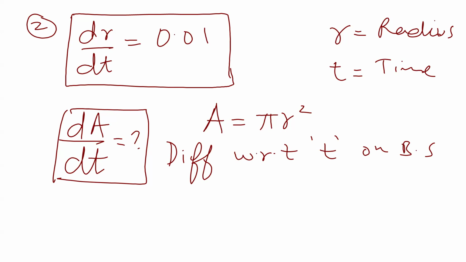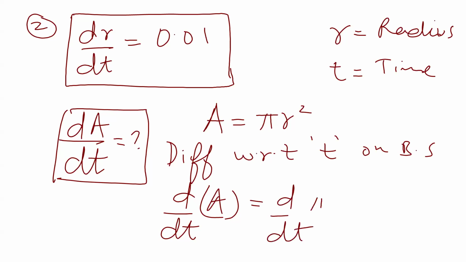Everything is changing as per time. So d by dt of A is equal to d by dt of pi r square.